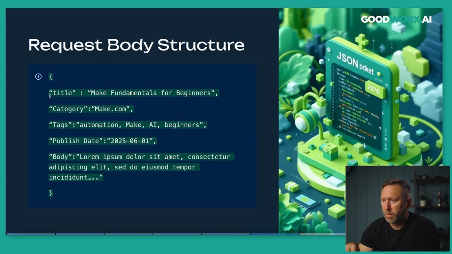So in this example, we have title, which is the key, and the value is make fundamentals for beginners. The next one will be category is the key, and the value is make.com, and so on and so forth. So you would pass this body structure to the API to create a new record. Okay?